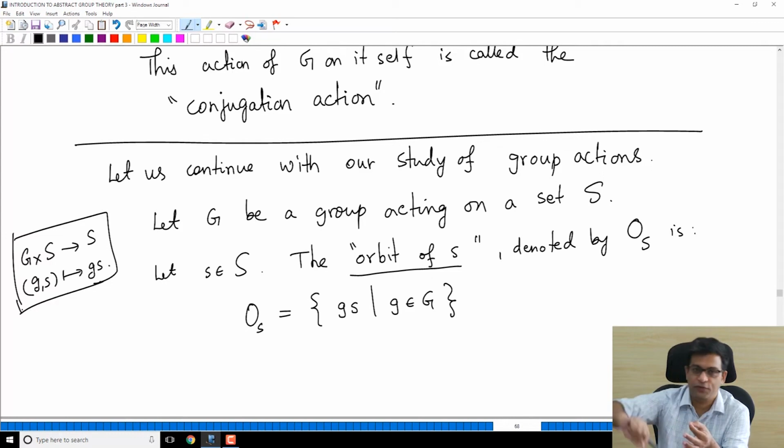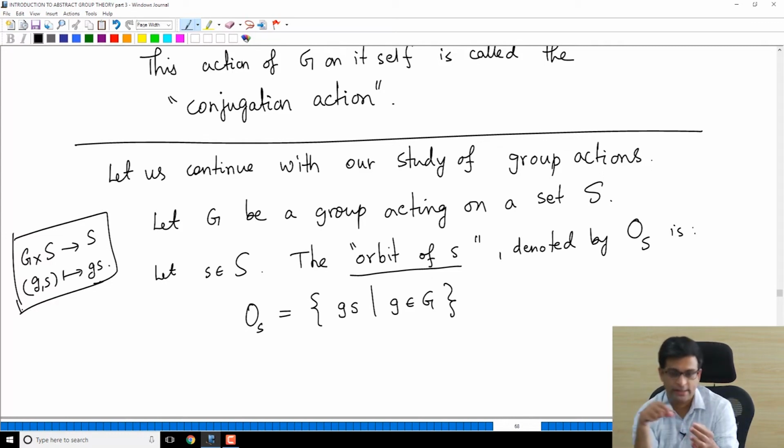You do this for every element of capital G and see where it travels, and call that the orbit of s.